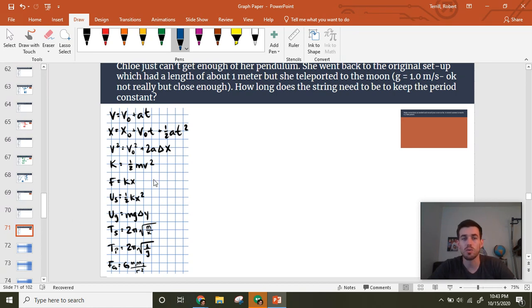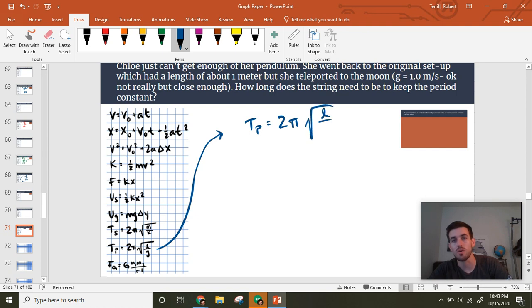All right, so going through here, the equation that we're going to use is still the same equation for the period of a pendulum. The tricky part here is that we don't care about T anymore, we care about L. So I'm going to have to manipulate my equation to get L all by itself on one side and all the other stuff on the other side. I'm going to do that by first dividing both sides by 2 pi.